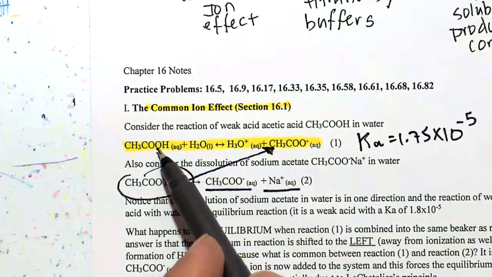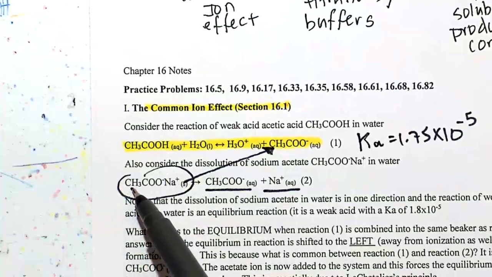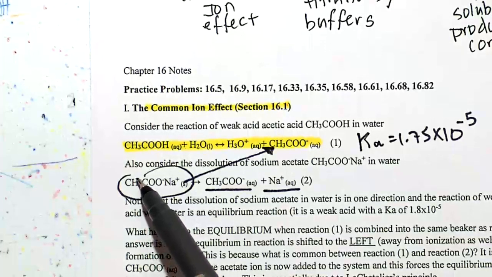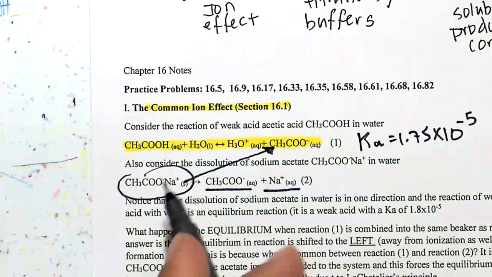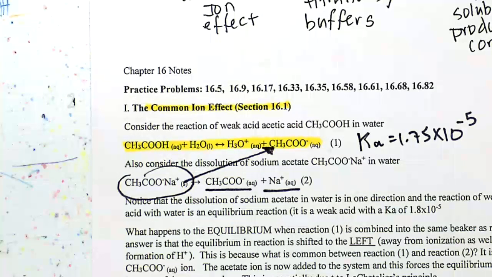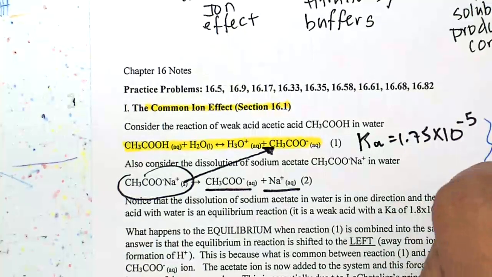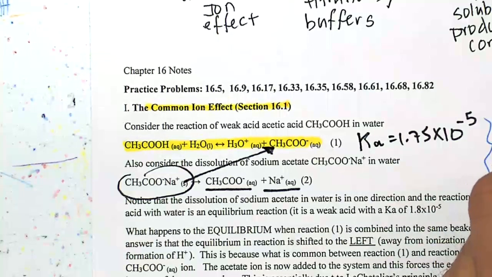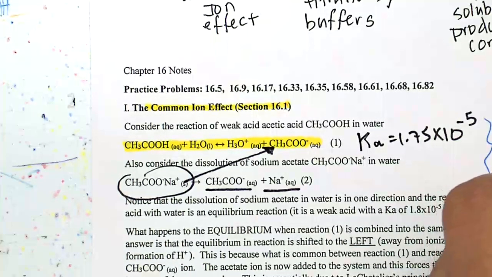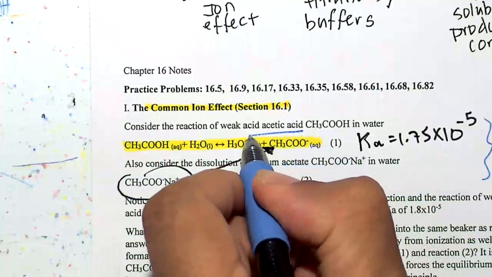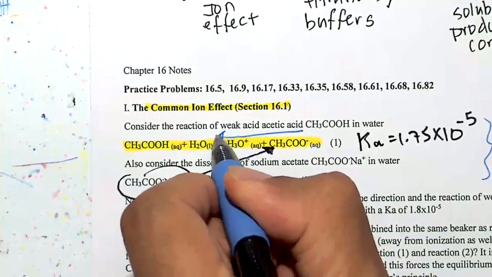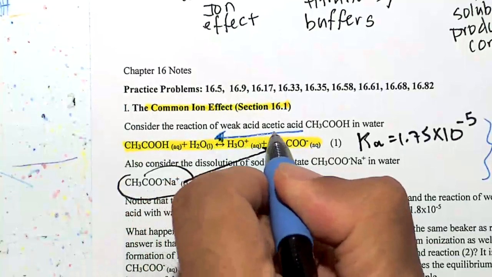So if we take an acetic acid solution and dump in, say, 1 gram, 2 grams, or 10 grams of sodium acetate, you have a common ion. The common ion is acetate.